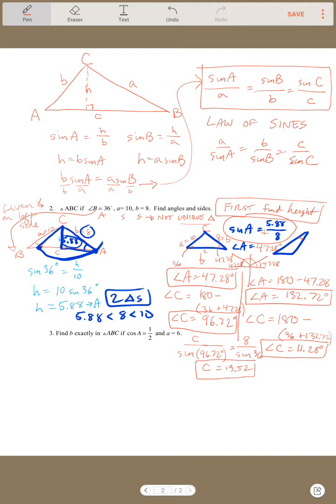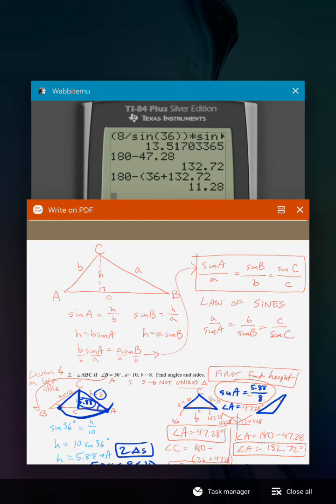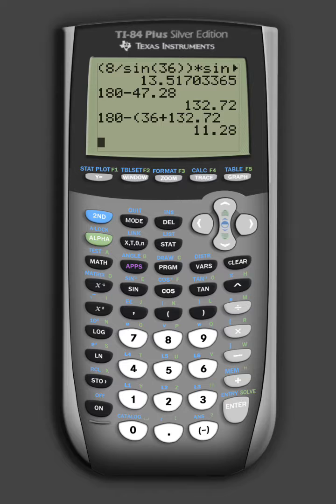All right, now we need to find side C. Let's do the same thing. Let's do our law of sines. Side C is going to be over sine of angle C, 11.28 degrees, and that's going to equal, let's do the same thing, 8 over sine 36. It's okay to be consistent there. And then solve for C. Okay, so we have 8 divided by sine 36, and we're going to multiply that by sine of 11.28.